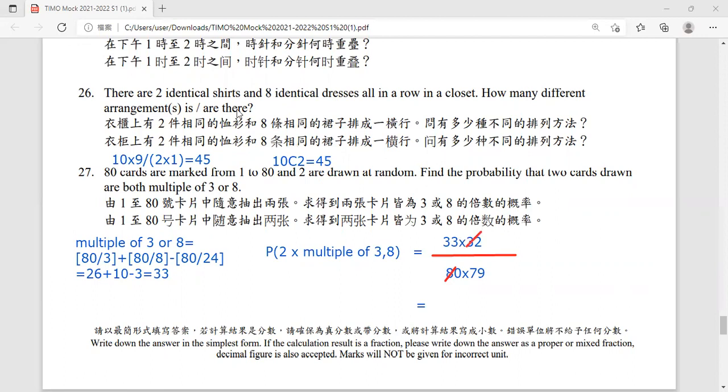You divide by 60, so this is 2 and this is 5. So you got the answer, 66 over 395. That's that. Any questions?